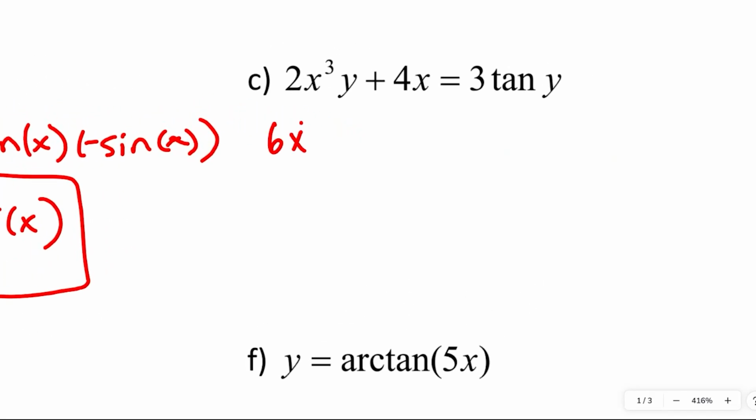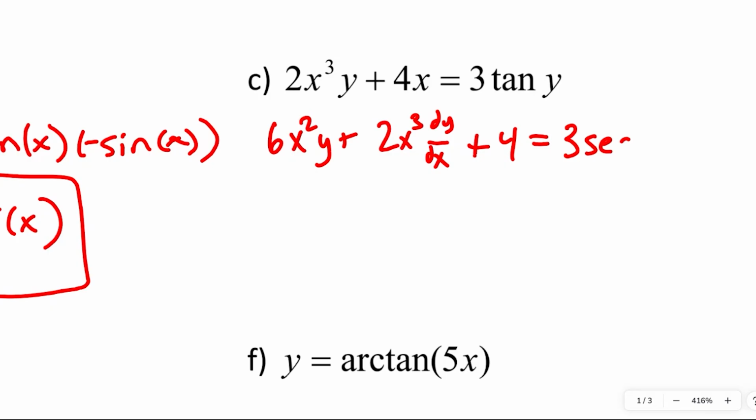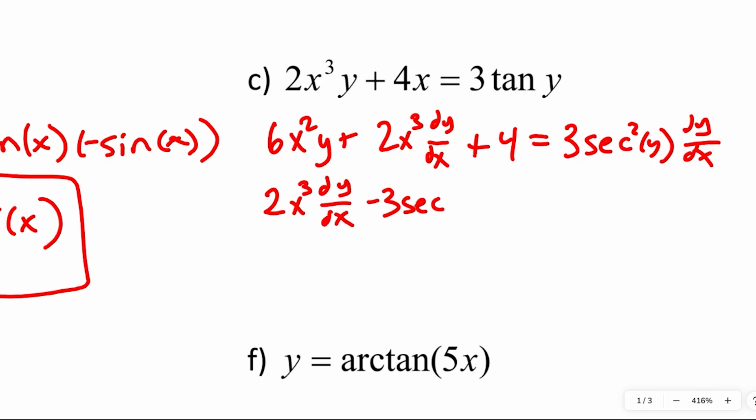So we're going to have 6x squared y plus 2x cubed times dy dx plus 4 equals 3 secant squared y times dy dx. Now we're going to try to move all the dy dx's to one side and all the constants to the other. So I'll have 2x cubed dy dx minus 3 secant squared y dy dx equals negative 6x squared y minus 4.